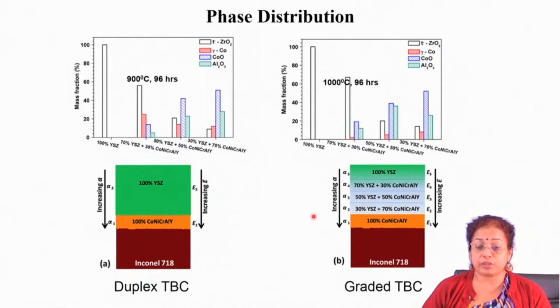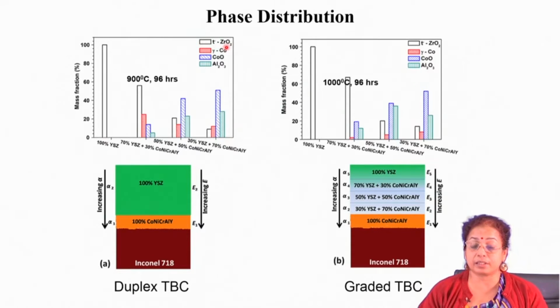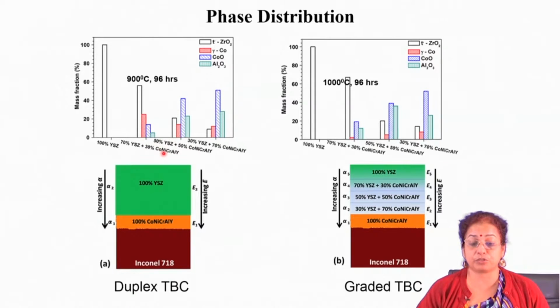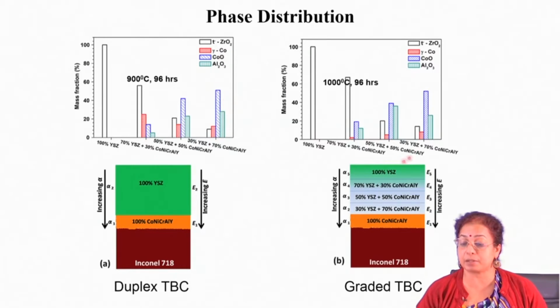Now, when you look at the phase distribution, naturally you will find that in the duplex coating, the phase is only tetragonal zirconia. On the other hand, after oxidation we get tetragonal zirconia, gamma phase, cobalt oxide, and alumina in the oxide scale.